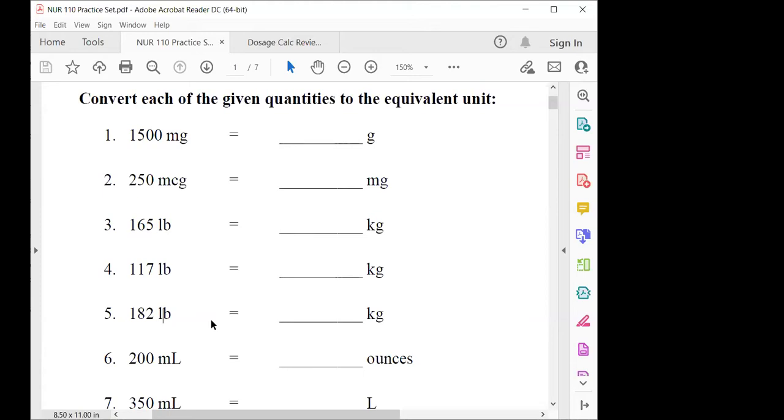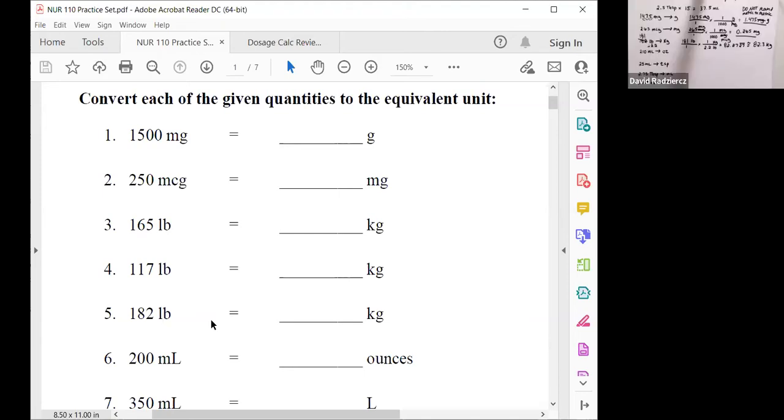And I have questions for number 5. Why don't we just take 182 pounds divided by 2.2, and it ended up is 82.7 kilogram. That's fine. That's why too. Yeah, that's what when I started off, I said you can just divide by 2.2.